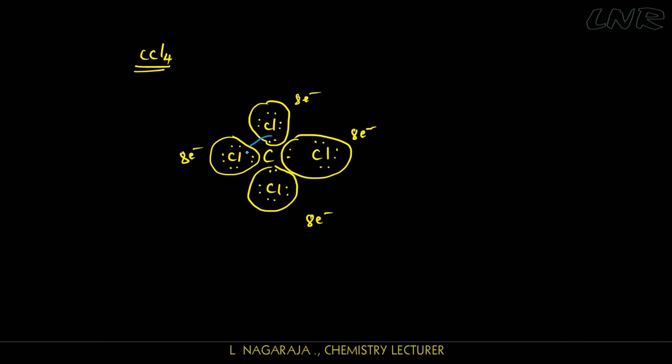That is, on mutual sharing of electrons, all the atoms get 8 electrons in the outermost orbital. So that force of attraction is called a covalent bond. So covalent bonds are formed by the mutual sharing of electrons.